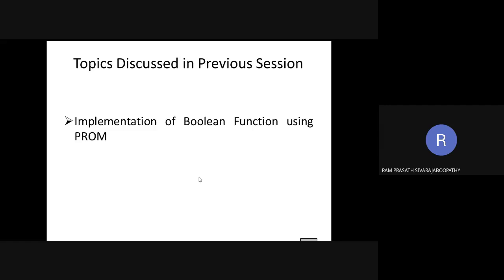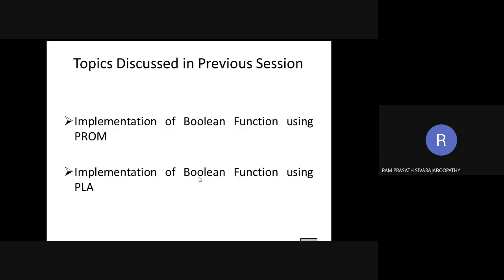Say for example, if I am having 4 variables and the number of outputs m is 4, then it is 16 cross 4. Then we have gone with the problem implementation of Boolean function using PLD.